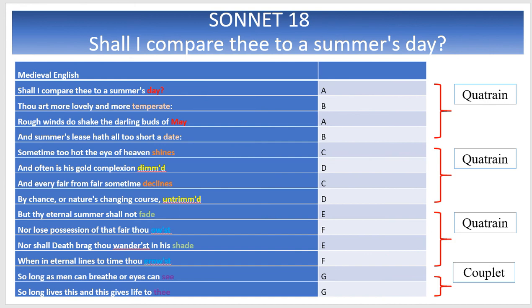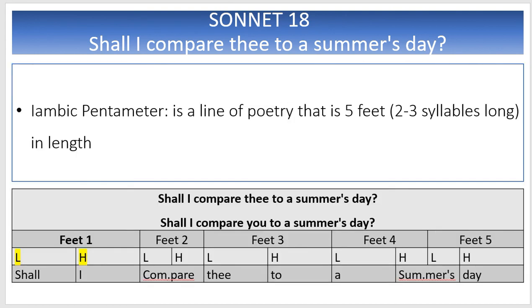The same thing can be extended to the 10th and 12th line, E and E, then to the 11th and 13th, F, F, and finally the couplet has two rhyming endings as G and G. This is the second point, the rhyme of the sonnet. Then the third point is the feet.